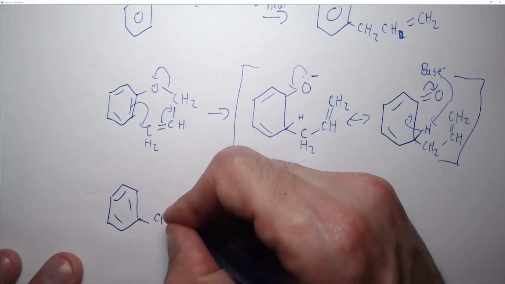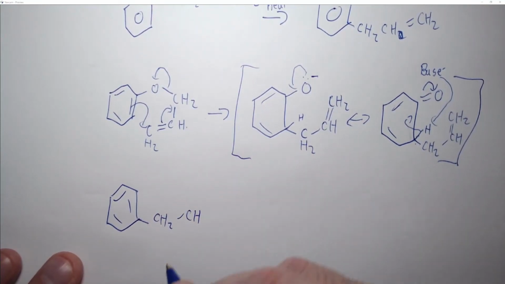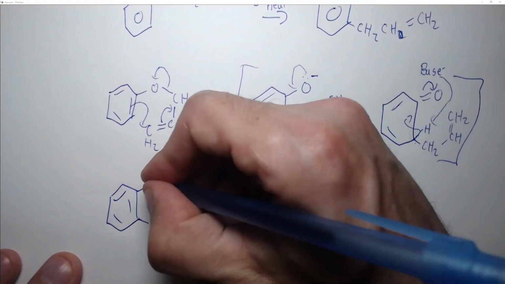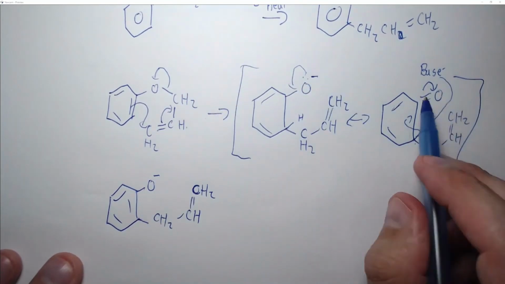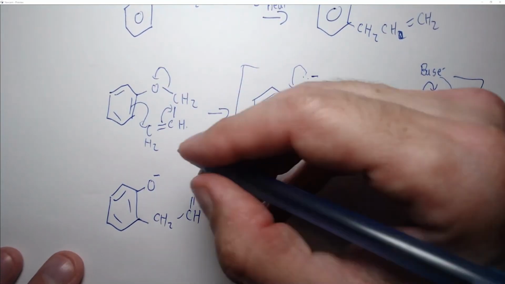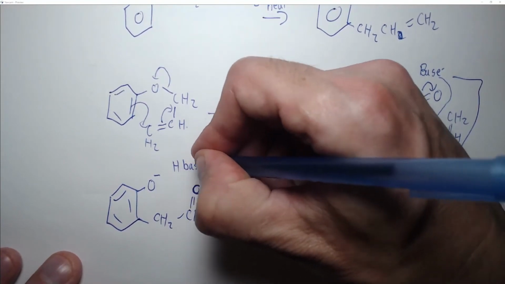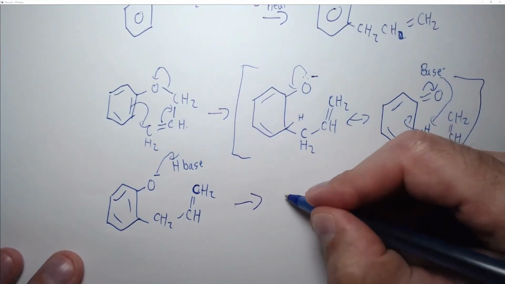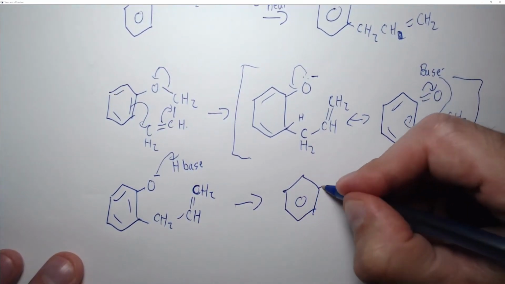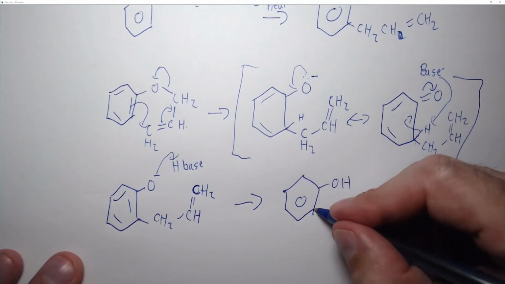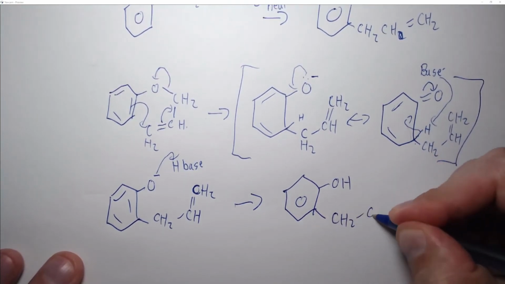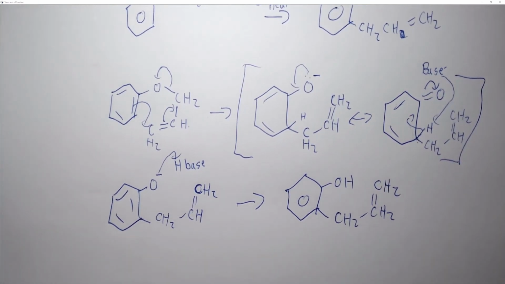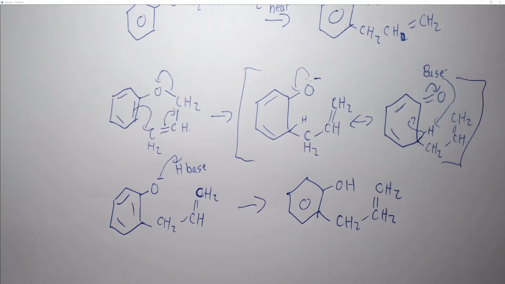So we get CH2, CH, double bond, that should be a C, CH2, and now we have an O minus, because we dropped those electrons back onto O minus. We now have H base, right? Whatever took off the proton now has that proton, and this can grab it. And at the end of the day, we get our product, which has the alcohol here, and we have CH2, CH, double bond, CH2, like so. So this is the mechanism of this reaction.